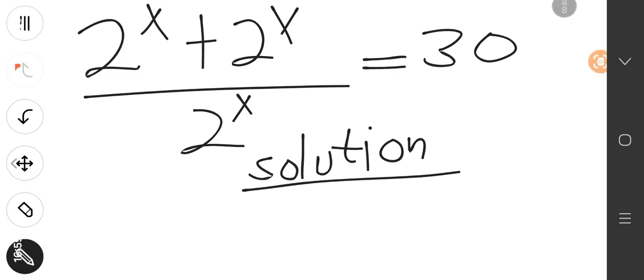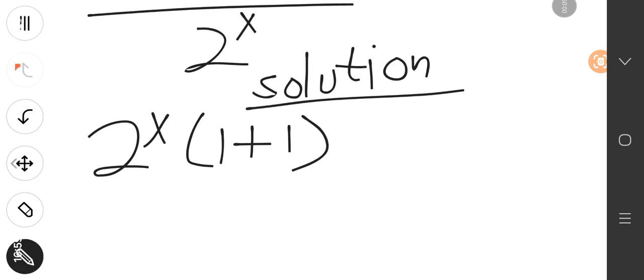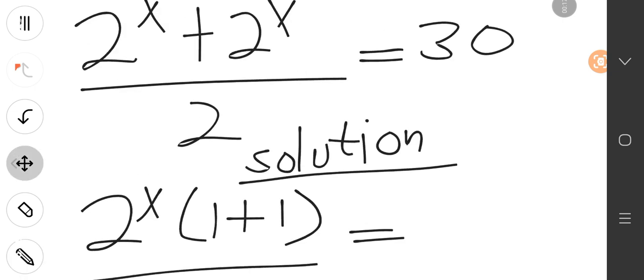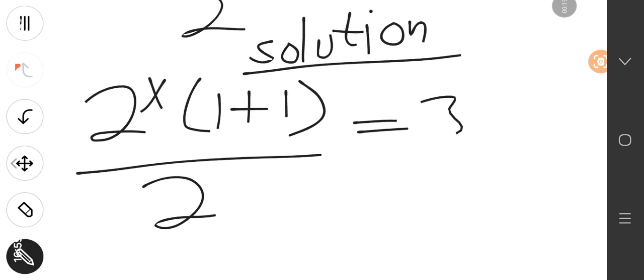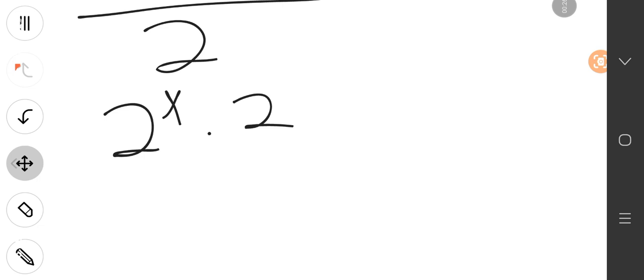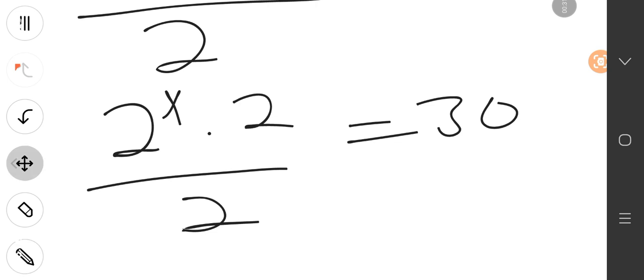So we are going to factorize. We have 2 exponent x plus 1, all over 2, equals 30. So you're going to have 2 exponent x times 2, all over 2, equals 30.